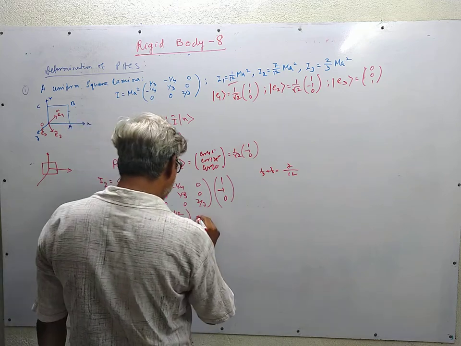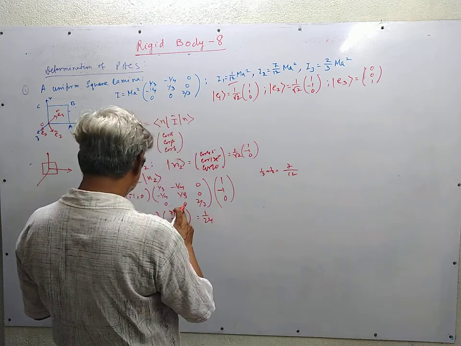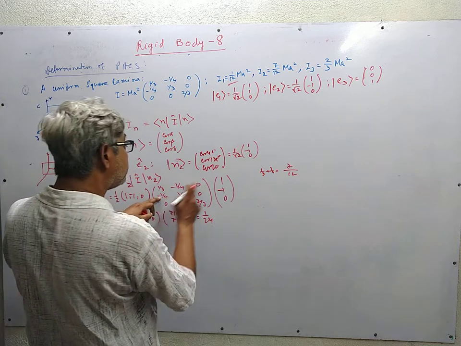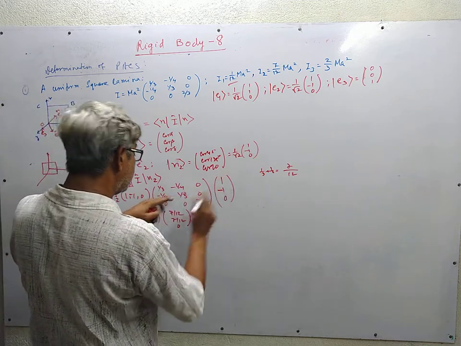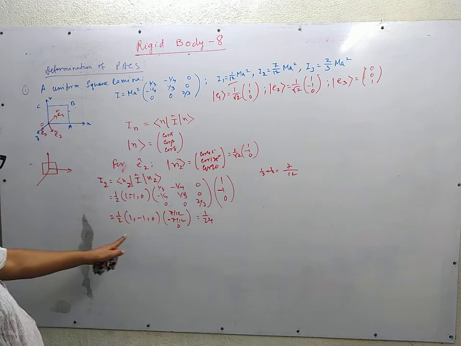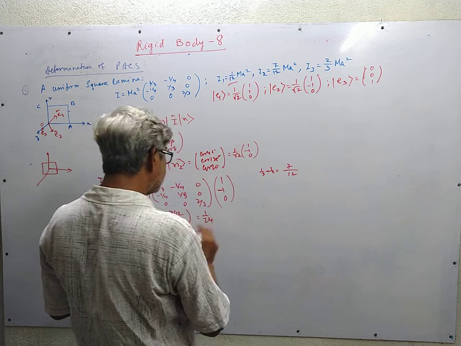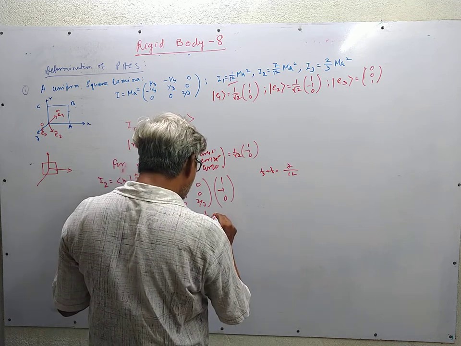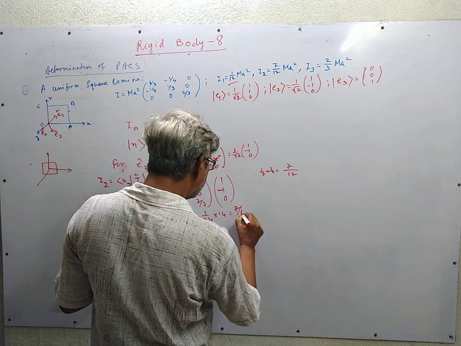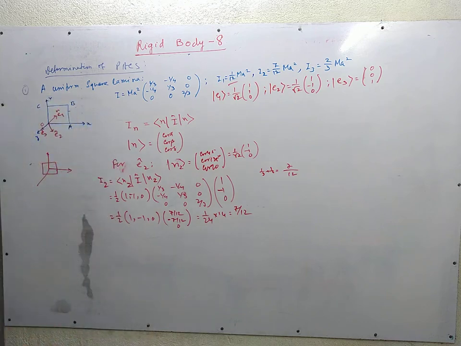If we take 12 common, this is 1 upon 24, and this multiplied by minus and this multiplied by minus, so 12 taken out, 1, 7, and again 7, so this is 14. So we get 7/12.